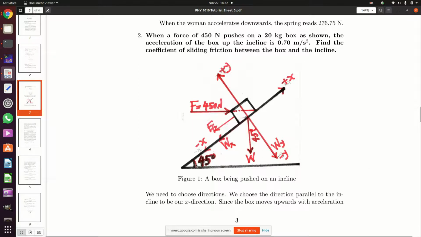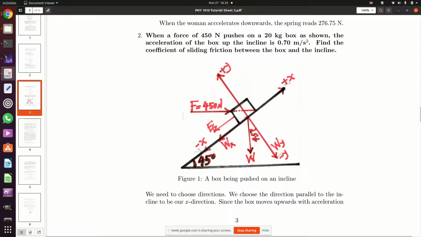The other thing is the angle between the weight and the y direction.